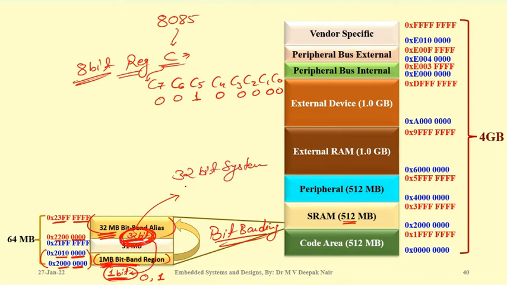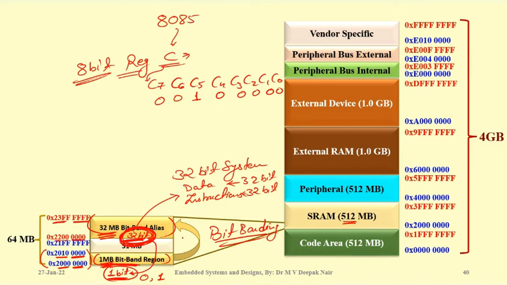In a 32-bit system, all the data will be 32-bit, and all the instructions will be also 32-bit. So you can go and change this particular whole register, and that register will change only one bit in this region. This is called the bit banded region.